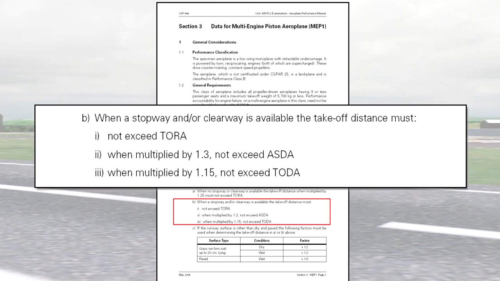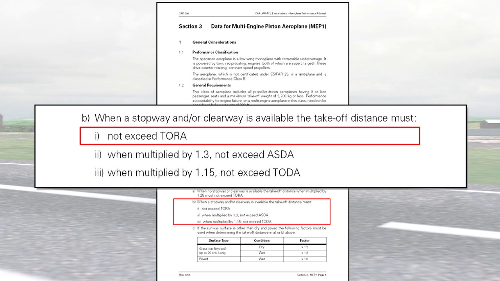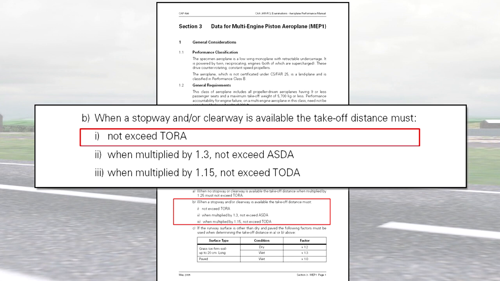If there are stopways and/or clearways, then the requirements are a little more complicated. At airfields with stopways and/or clearways, there are 3 regulatory concerns about the takeoff distance. Firstly, when a stopway and/or clearway is available, the takeoff distance must not exceed the takeoff run available.